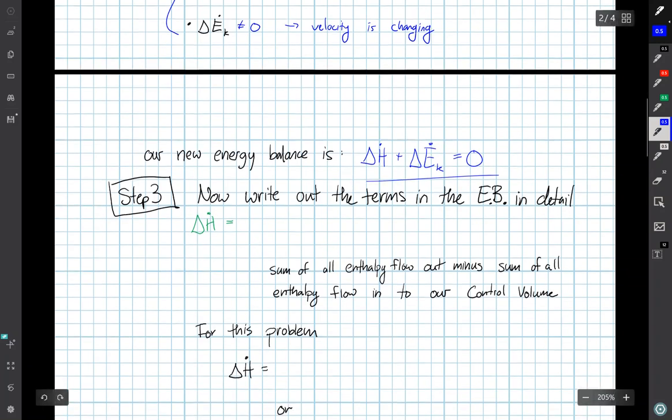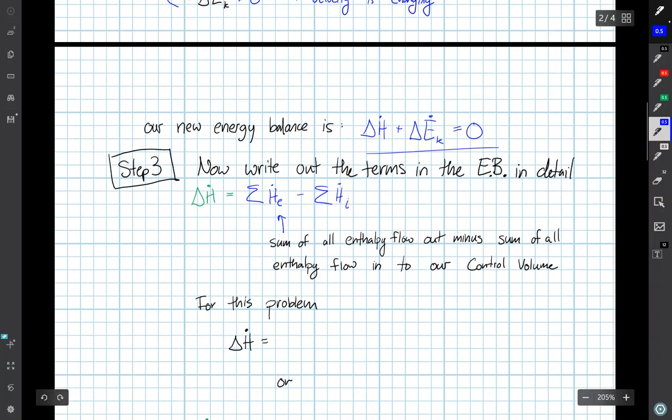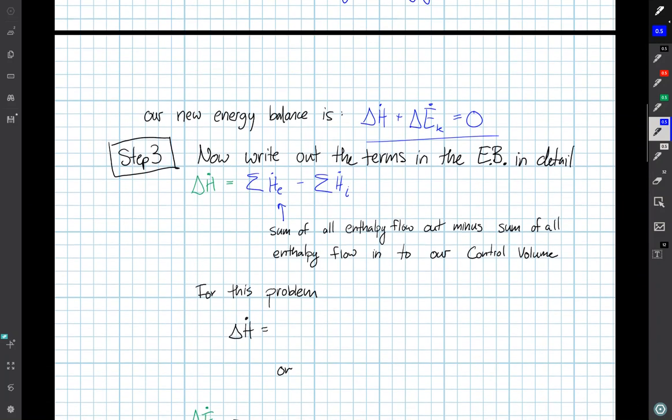Now we're going to write it out in detail, right? The delta just means out minus in. So this is going to be the sum of everything going out, or the exit, minus the sum of everything coming in. Right? This is the sum of all the enthalpy going out minus the sum of all the enthalpy flow into our control volume, as I have written down here.